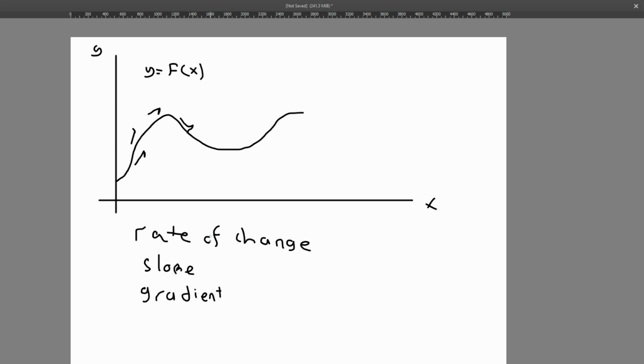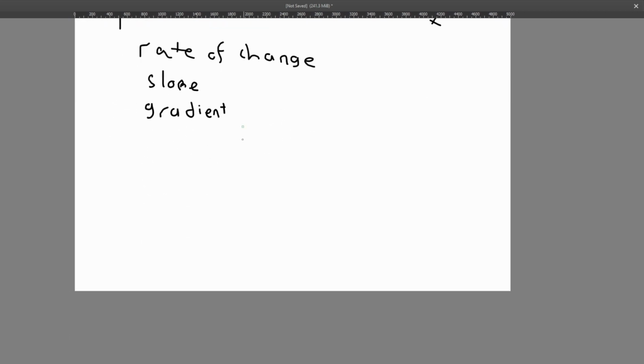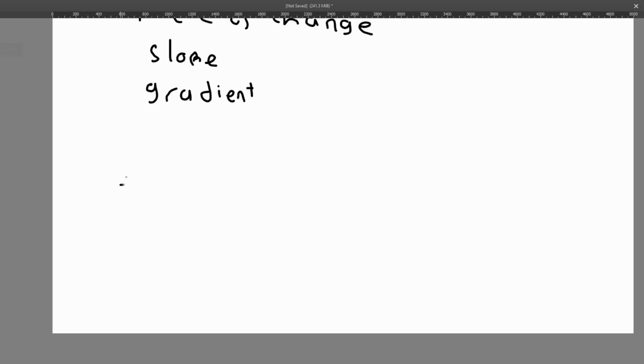Now, a thing you have to realize is that the rate of change of a function is itself also a function. For example, at this point right here, the function is increasing at some rate, and at this point the function is decreasing at some other rate. And this is where the concept of the derivative comes into play.